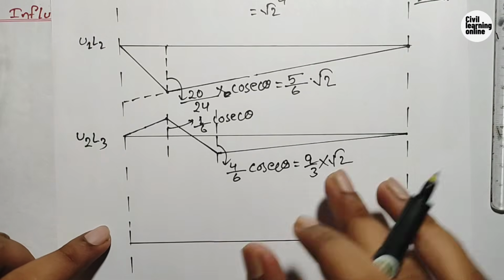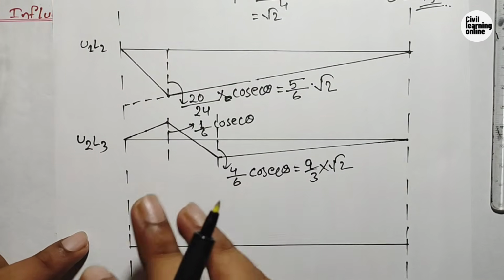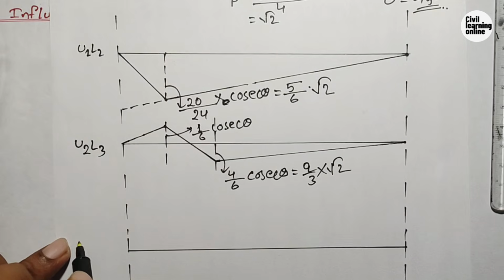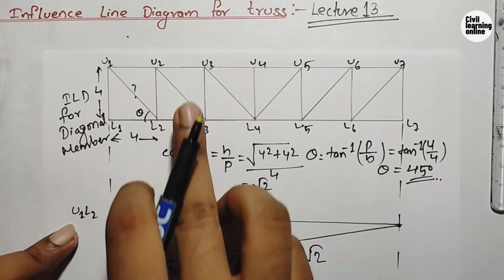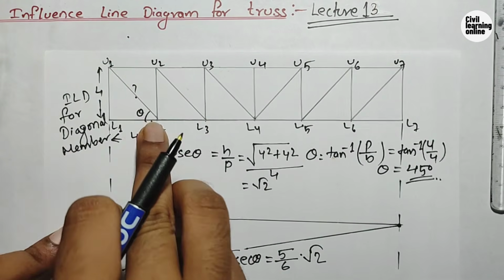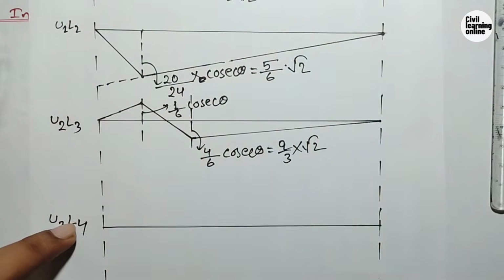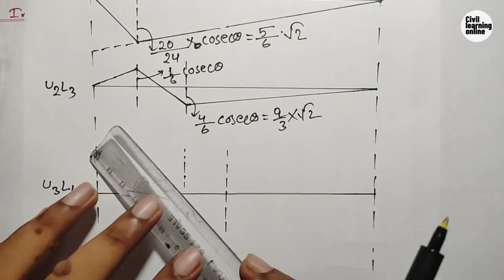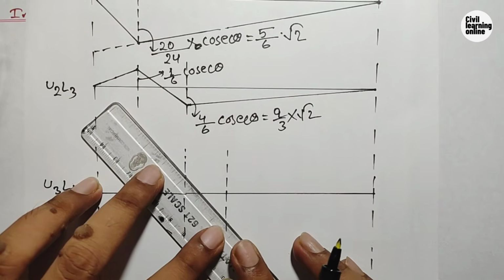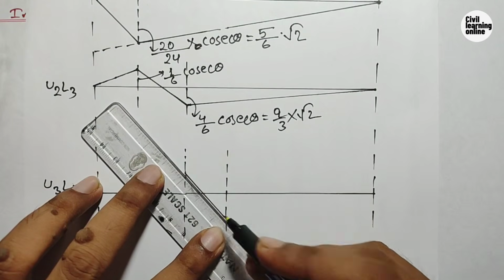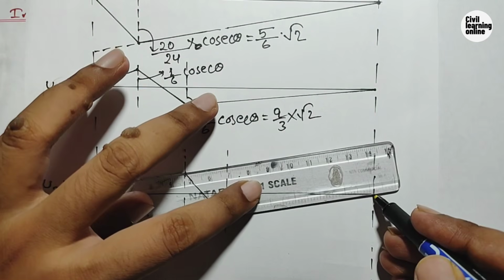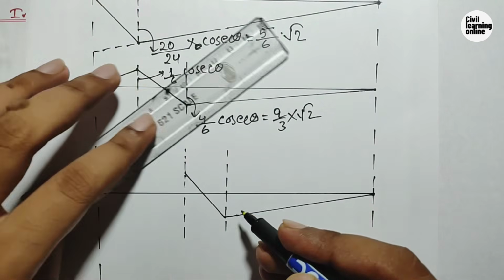So now if we draw the influence line diagram for the diagonal member U3 L4, let me show you in the diagram. We have calculated U1 L2, U2 L3, now U3 L4. Now again the value of load will change from compressive to tensile, so draw this, and finally calculate the height of the influence line diagram.